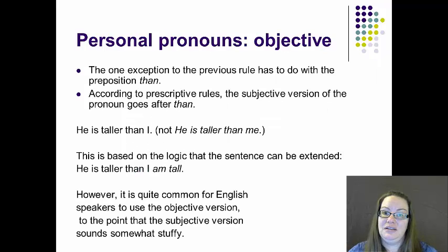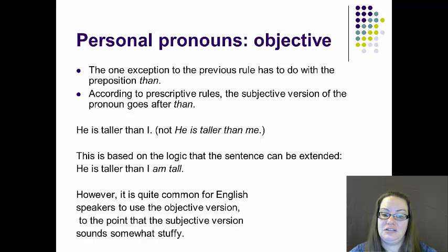One exception to this rule about using the objective case has to do with the preposition than. We've already seen this rule: than is an elliptical version of a longer sentence. So we use the subjective case, he is taller than I, instead of he is taller than me.